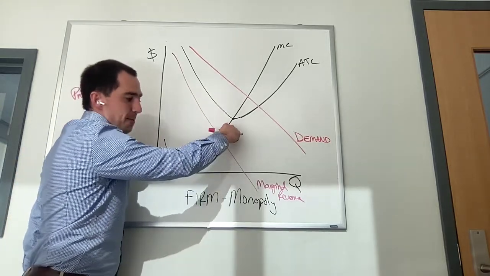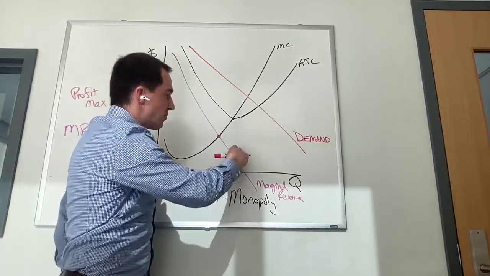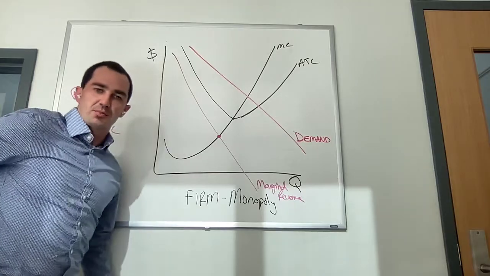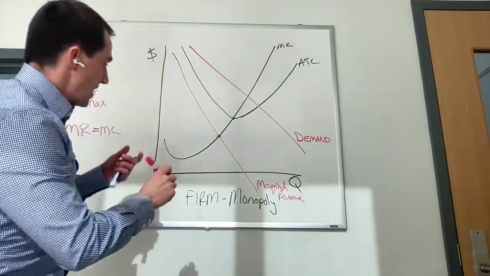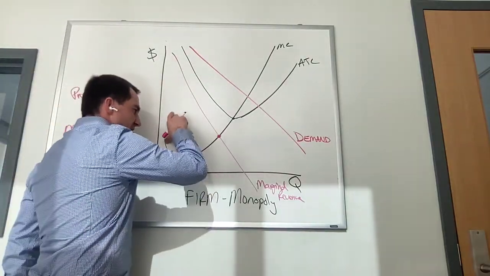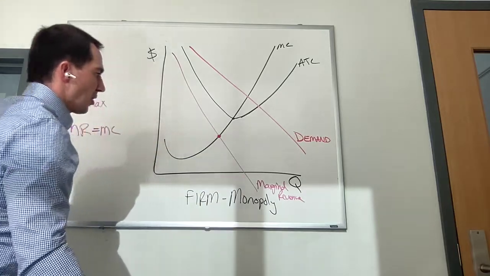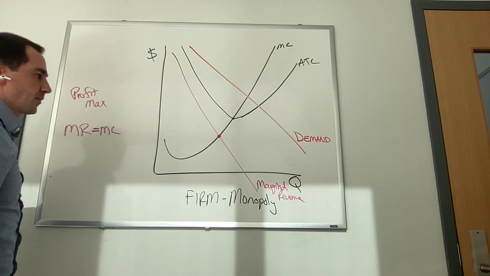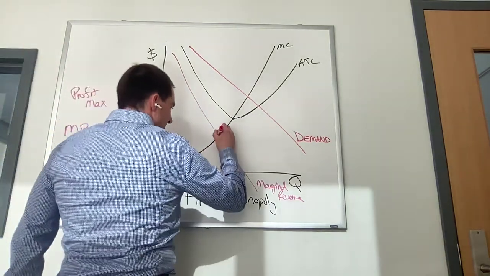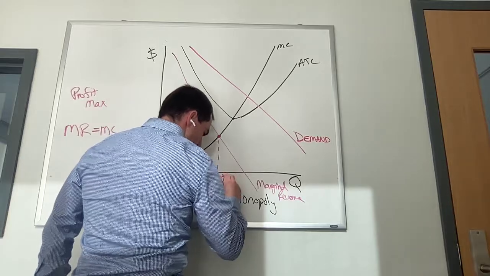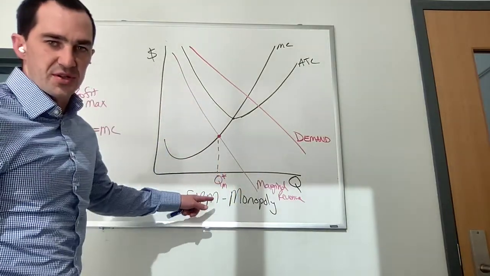If marginal cost is above marginal revenue, sell one more, you're going to be producing with a negative profit. So here's the point where you've sold as many as you can to make sure that marginal revenue is above marginal cost. That's how a firm decides the profit maximizing quantity. That's Q star M.